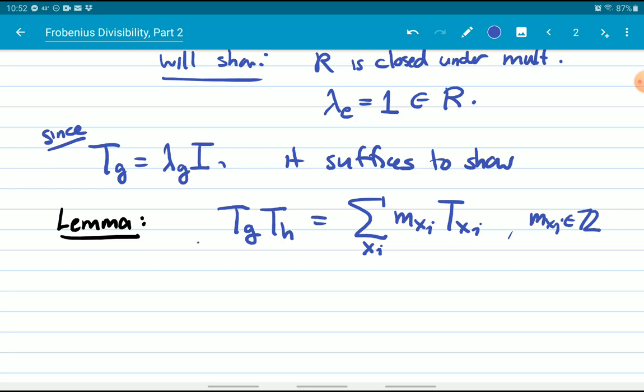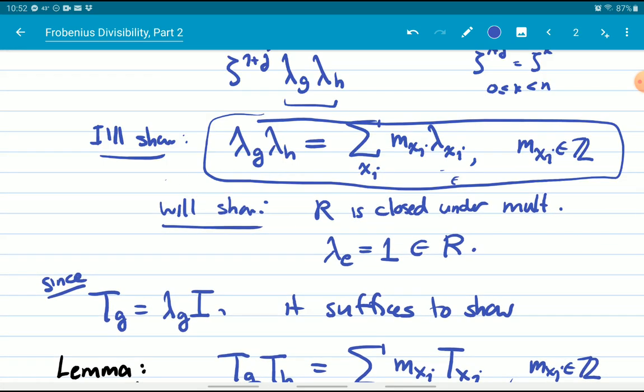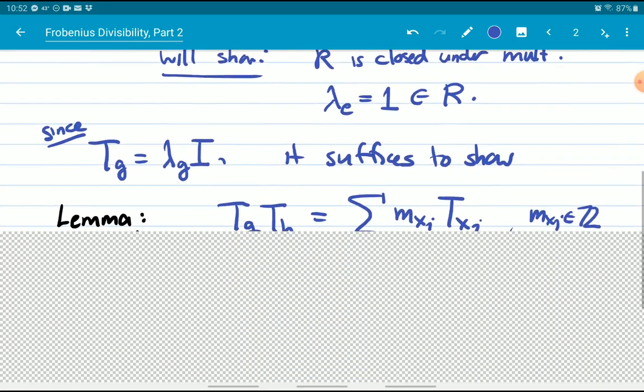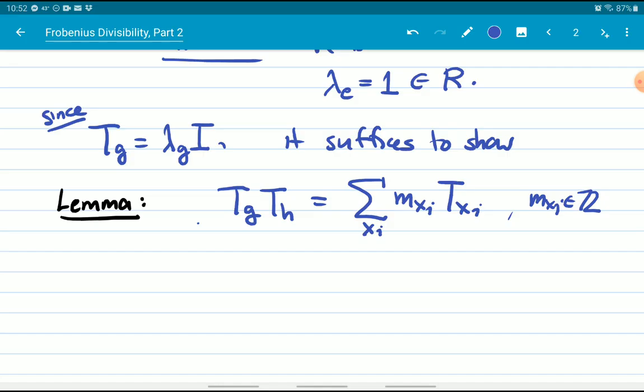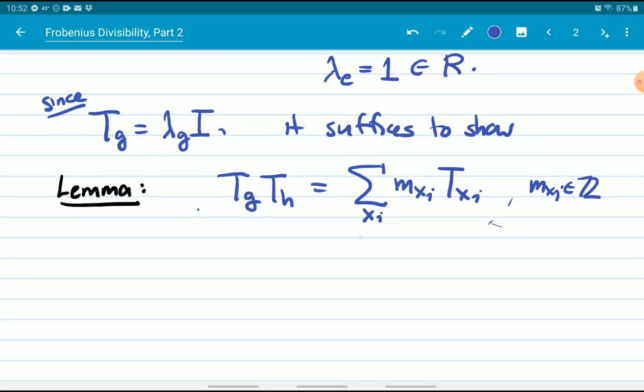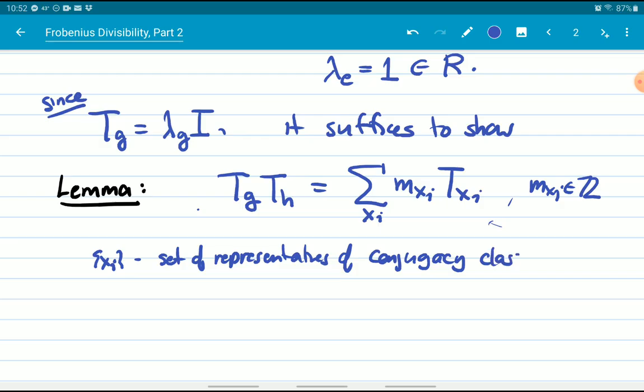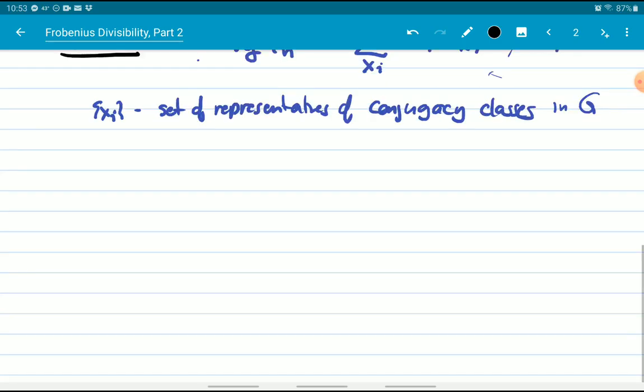You can read off from this identity the corresponding identity for the scalars. This is really secretly an equation involving scalars, but I'm writing it in terms of operators. By the way here, this sum, as we did last time, that's going to be over a set of representatives of conjugacy classes in the group G.